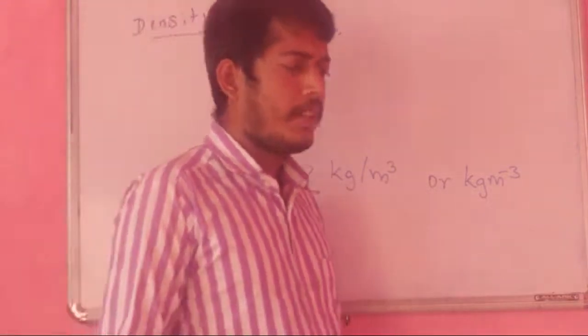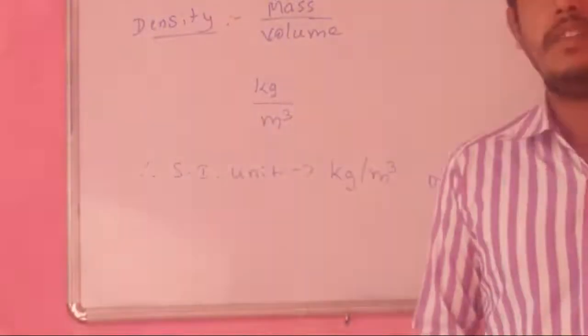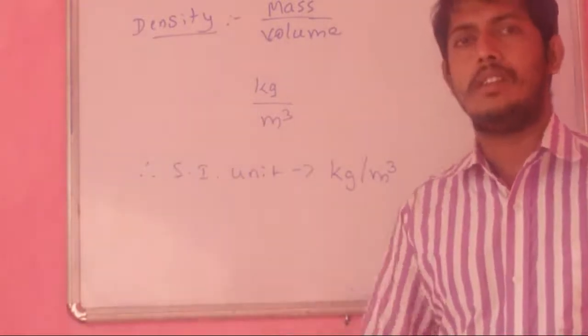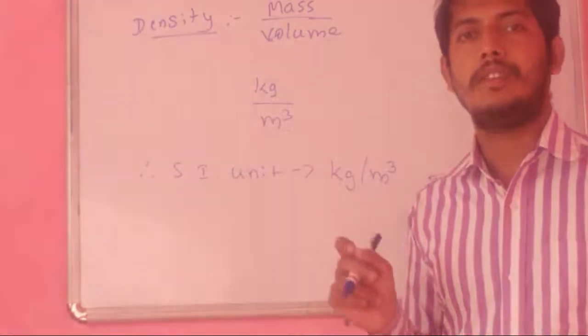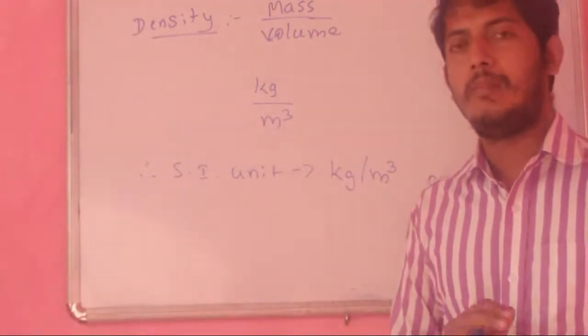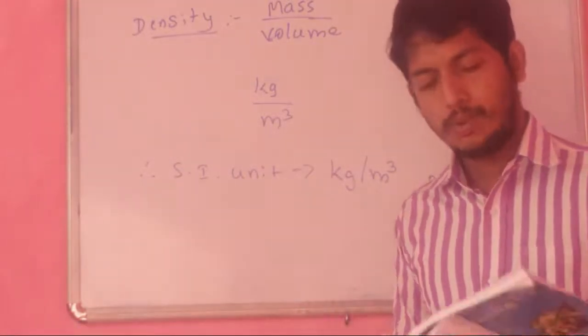Now, this density does not vary from one sample to another. For a particular material, the density remains the same, almost. Here they give two examples.